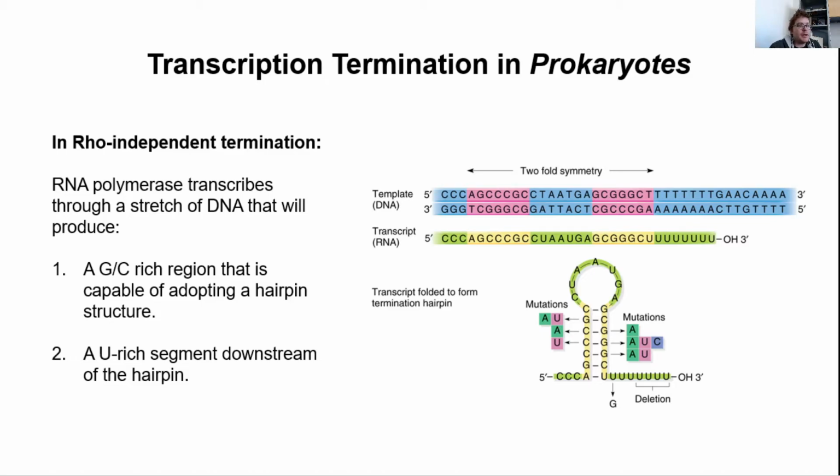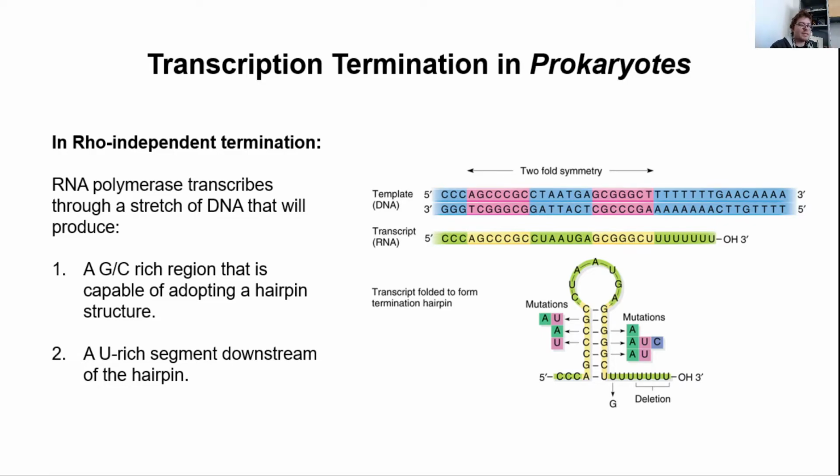Now there are other classes of termination that are called Rho-independent termination, and so as their name would suggest, these are termination mechanisms that do not depend on the activity of the Rho helicase. And so how are these ones going to work? Well, these are a particularly fun one to think about because they make use of many of the concepts that you've already learned about in terms of nucleic acid structure from the first couple lectures of the course.